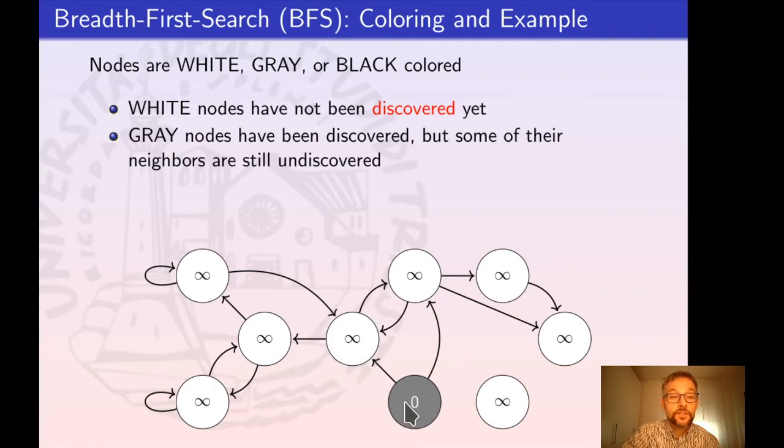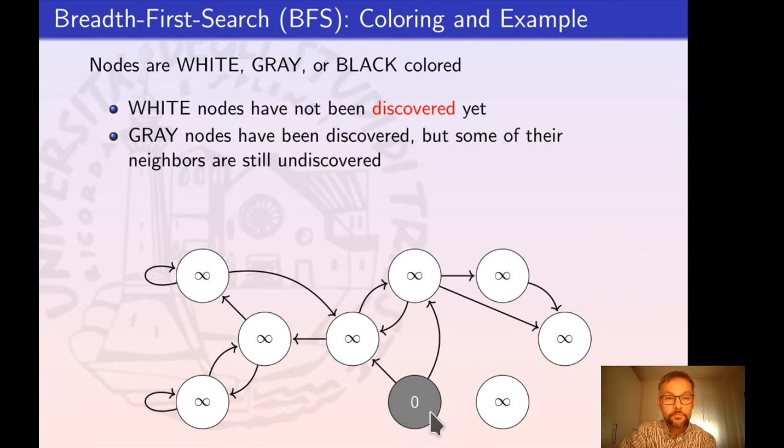Since those neighbors are still white, this node stays gray, which means it can still be used to perform a visit.